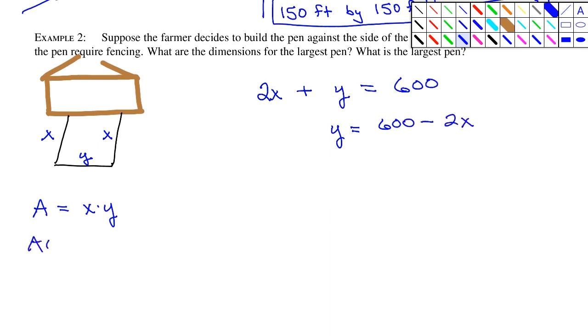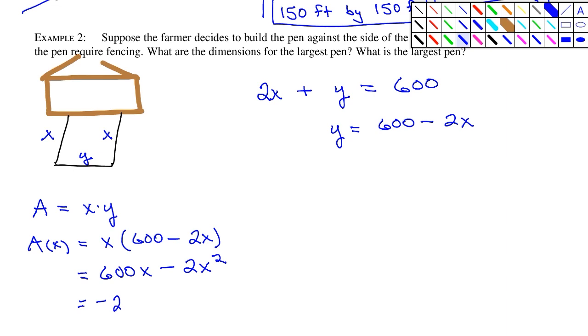It creates another function. So it's x times 600 minus 2x, which is 600x minus 2x squared. And again, we can rewrite this in standard order here.